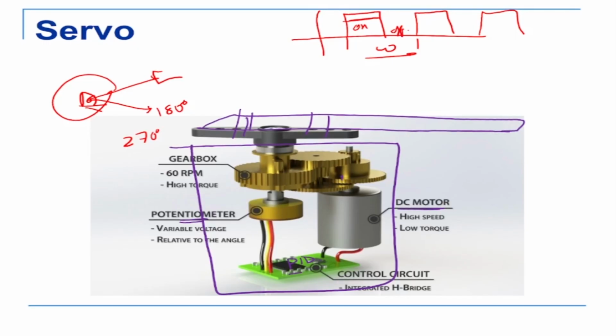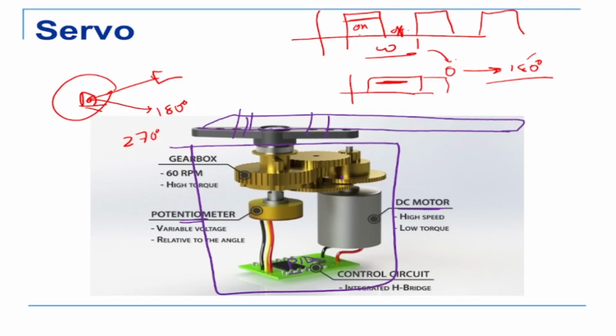The PID controller is pre-calibrated. So on one end it is 0 degrees, and on the other end it can be 180 degrees. If the pulse width is 0, it understands that it is at 0 here. And if the pulse is full, meaning the full pulse is coming in, then it means 180. So by changing the width of the pulse, this link can be positioned wherever you want it to go.